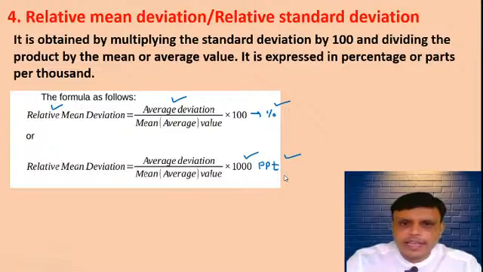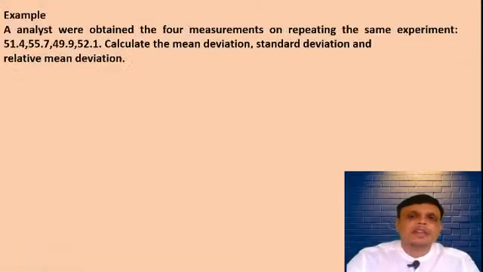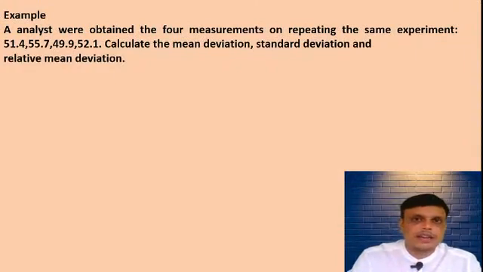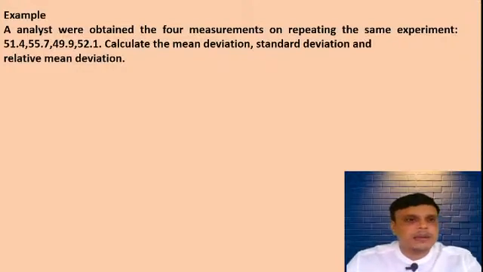Okay, so we'll see an example. In the example you will get a clear idea what relative mean deviation or relative standard deviation means exactly. You can write down this example. An analyst or a chemist obtained 4 measurements on repeating the same experiment.